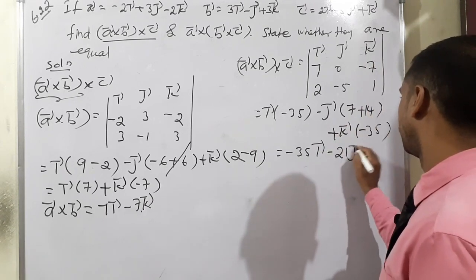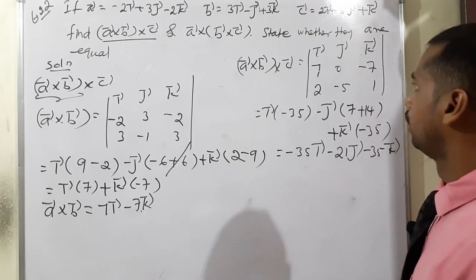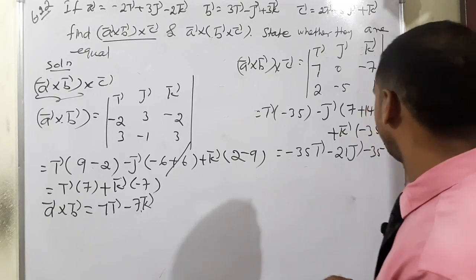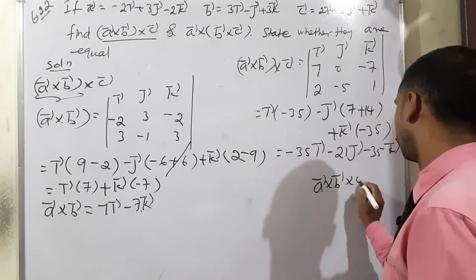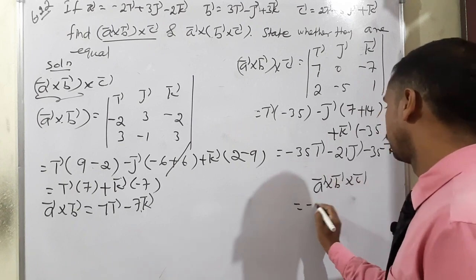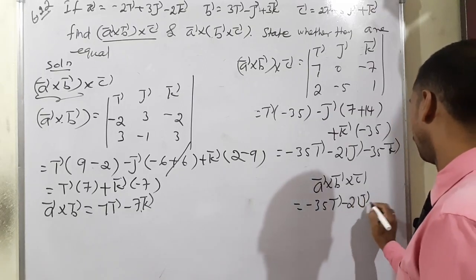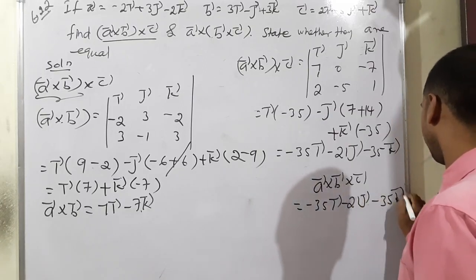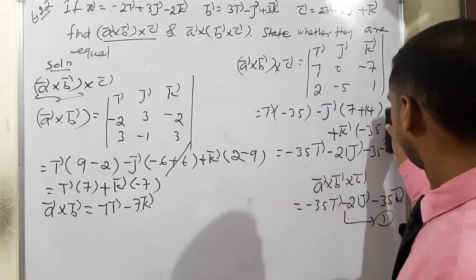Therefore, we can write it as minus 21 j vector. Again, minus 35 k vector. This is what we needed: a vector cross b vector cross c vector is equal to minus 35 i vector minus 21 j vector, again minus 35 k vector. This is considered as equation number 1.